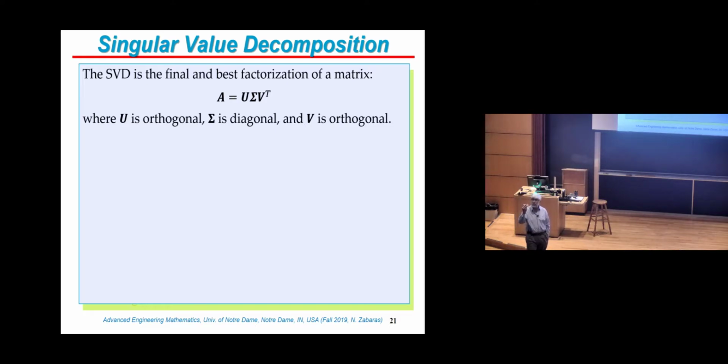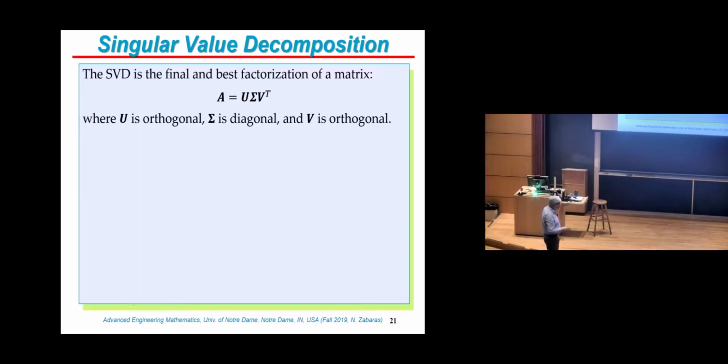And their columns are orthonormal vectors, okay? So A can be a general M by N matrix, okay? So immediately from this decomposition, U is going to be an orthogonal M by M matrix. V is going to be an orthogonal N by N matrix. And sigma is a diagonal matrix that contains in the diagonal what we call the singular values of the matrix A.